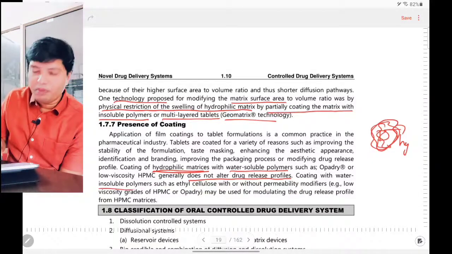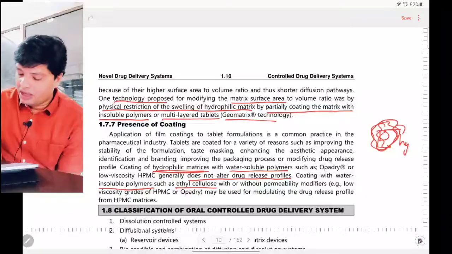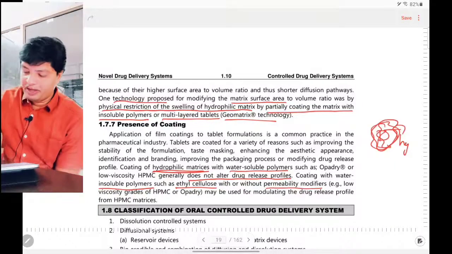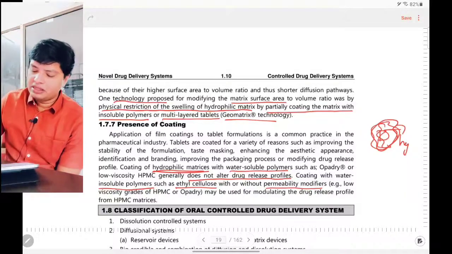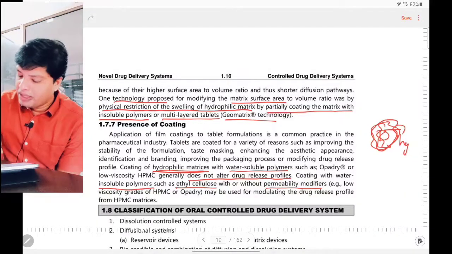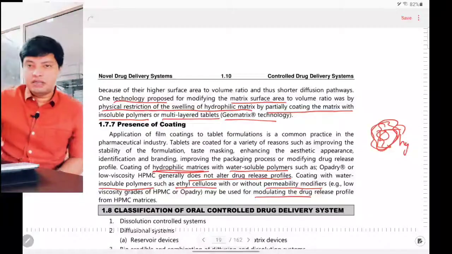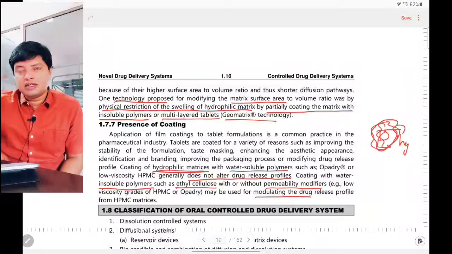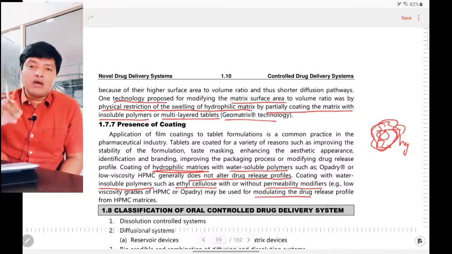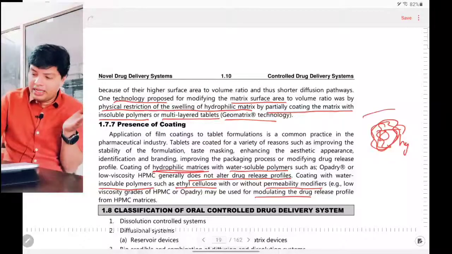Coating with insoluble polymers such as ethyl cellulose, with or without permeability modifiers, may be used for modulating the drug release profile from HPMC matrices. HPMC is a hydrophilic matrix. If you coat that HPMC with a hydrophobic polymer, it will have a retardation effect, because obviously of the outer coating itself.